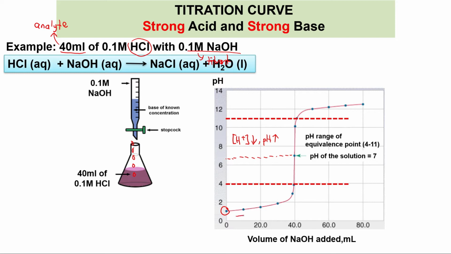Therefore, we can see that the pH starts to increase gradually. But when it almost reaches the equivalence point, there is a steep vertical portion. That means the pH increases drastically, ranging from 4 to 11.